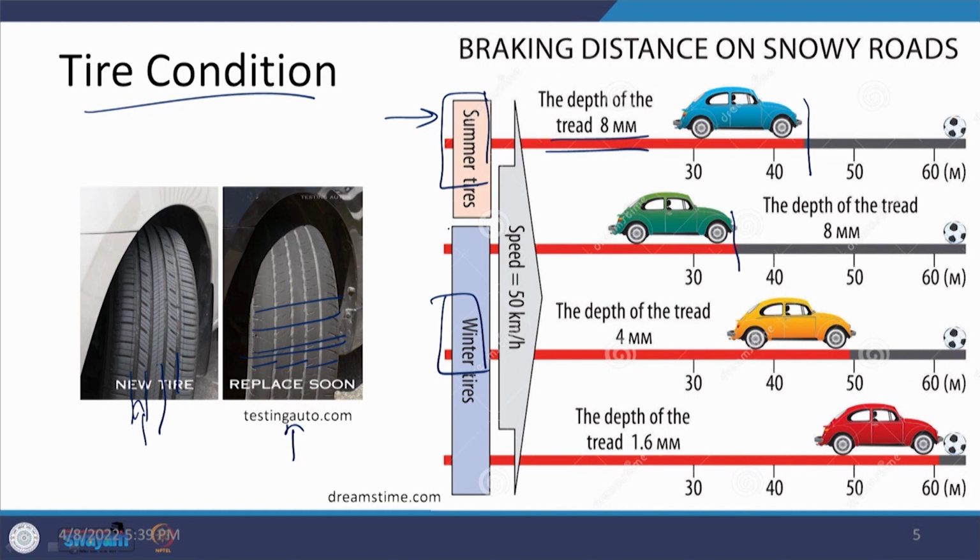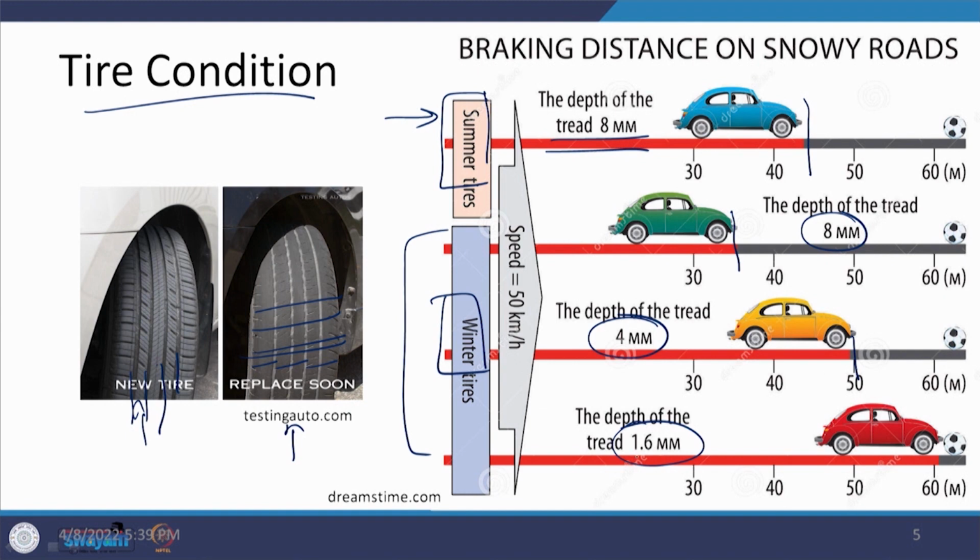But when you talk about the same season, and keep on reducing the depth of the tread, that means the tire is getting worn out. What we found is that the distance by which the vehicle is going to stop, if it changes from 8 mm to 4 mm, so the depth has reduced by 50%, increases again by 1.5 times of what it was when the tread was 8 mm.